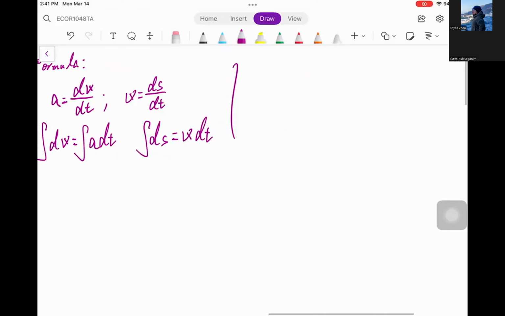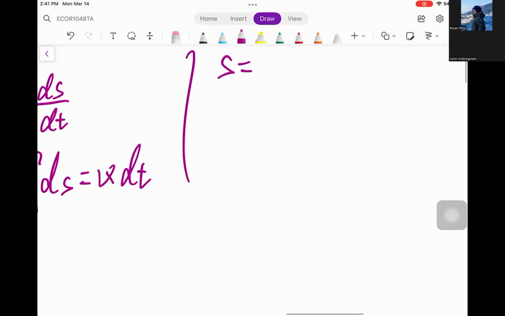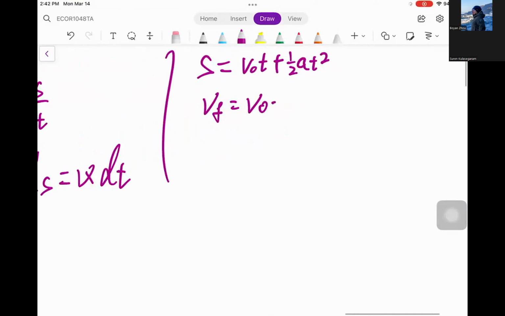They are the displacement equal to V naught T plus half AT squared. And the final velocity is equal to the initial velocity, so I'll use V naught as the initial velocity, plus AT. And V final squared minus V naught squared is equal to 2AS.